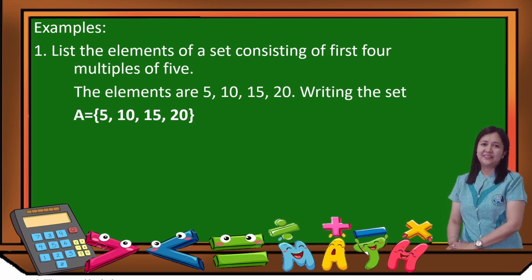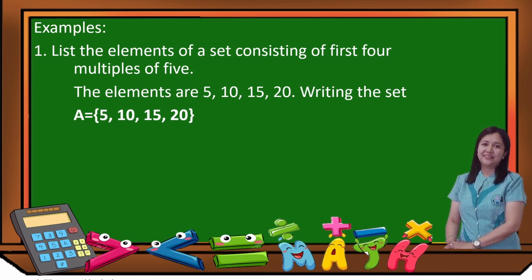So writing the set, we use capital letter A equals the curly braces and list the elements inside the curly braces and separate each element using a comma. Do you understand?